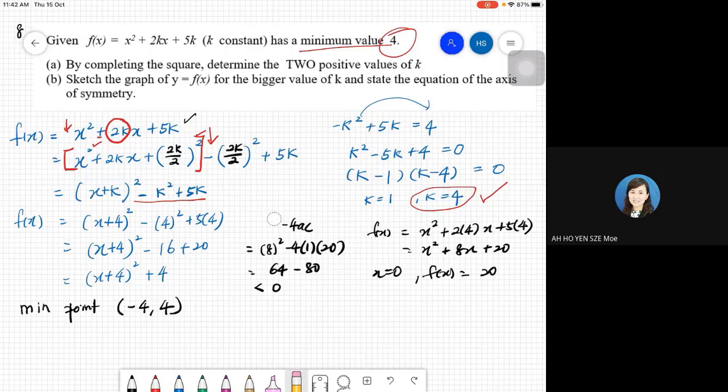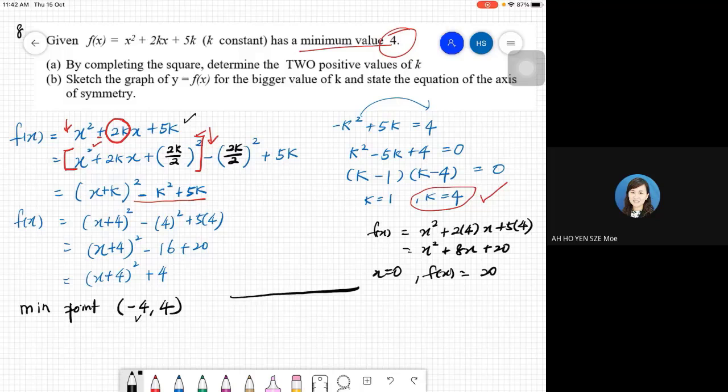Okay, I wrap this part because there's no space for me to sketch the graph anymore. Okay, so we sketch the graph. You can see that the minimum point is negative, means that it is on the left side of the axis of y.